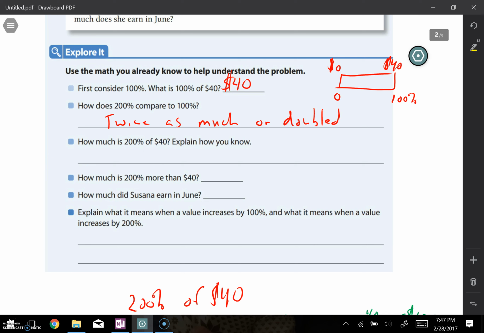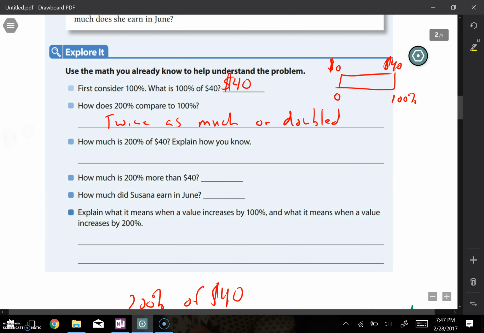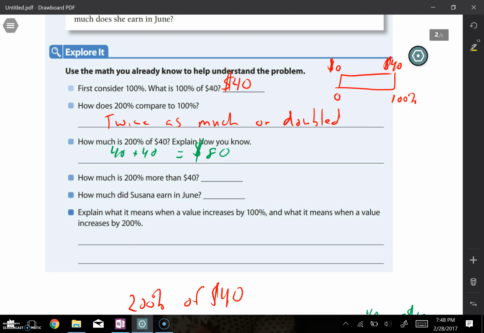So how much is 200% of 40? Well, 40 would have been 100%. Plus another 40 would be 200. So 200% of 40 is actually $80. How much is 200% more than $40?